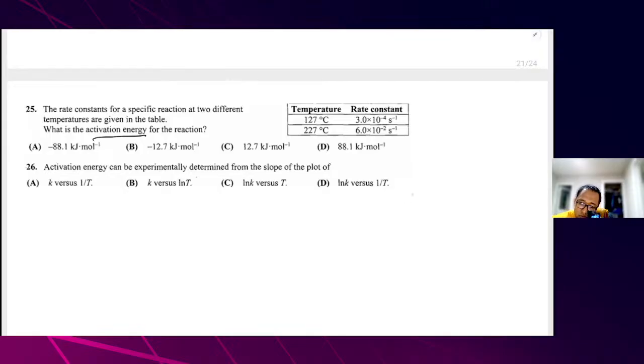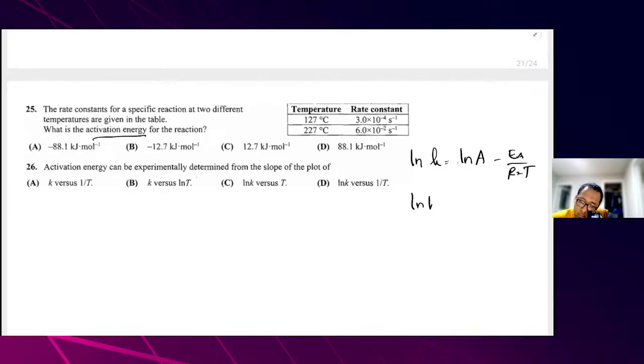If we look at the equation, ln k = ln A minus EA over RT. The question is EA itself, so the information is only temperature and rate constant.